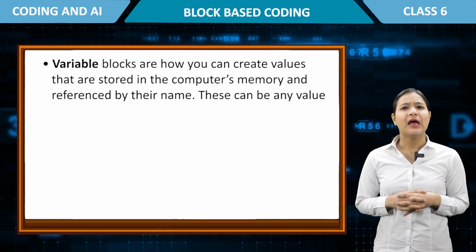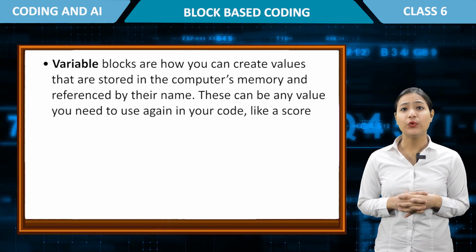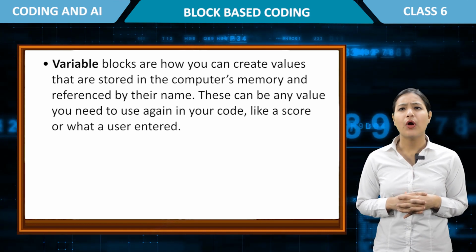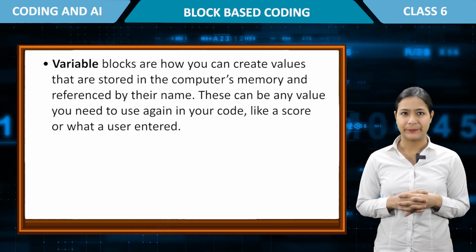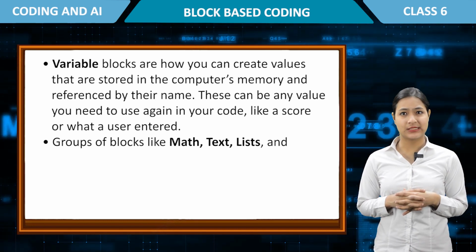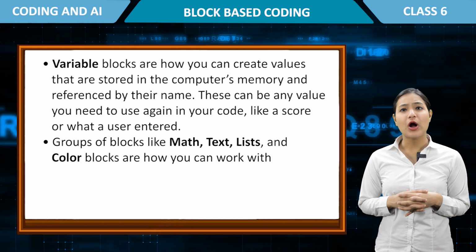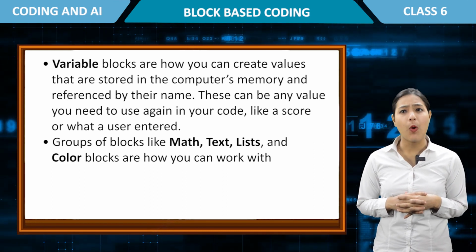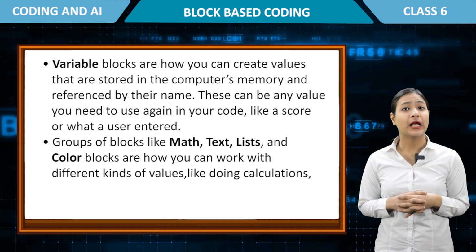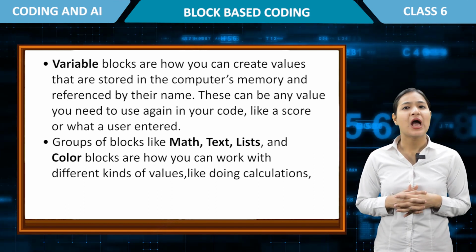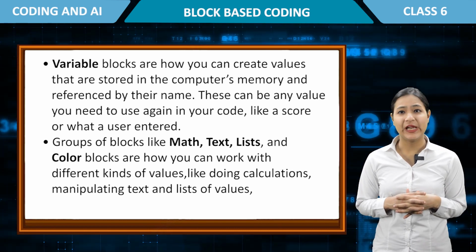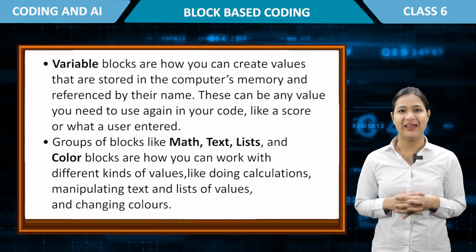These can be any value you need to use again in your code, like a score or what a user entered. Groups of blocks like math, text, lists, and color blocks are how you can work with different kinds of values, like doing calculations, manipulating text and lists of values, and changing colors.